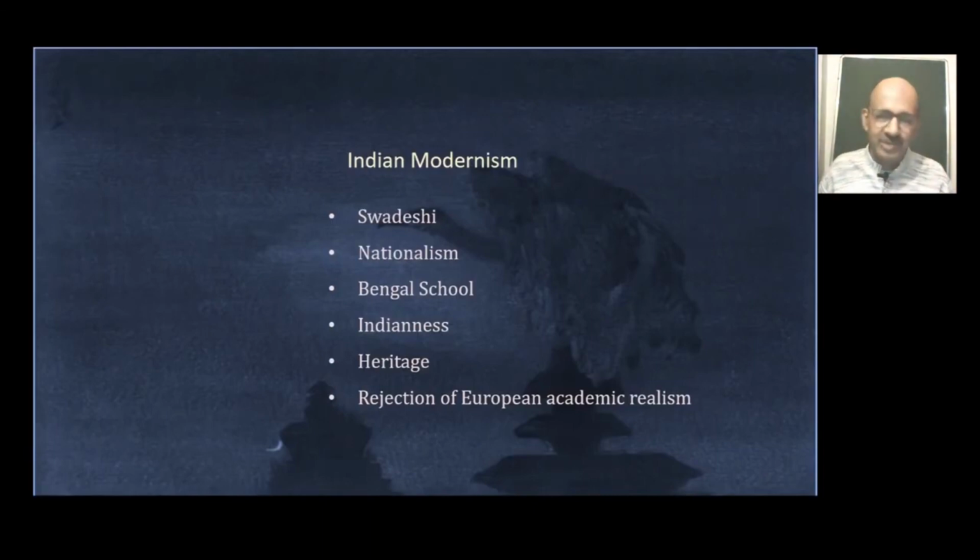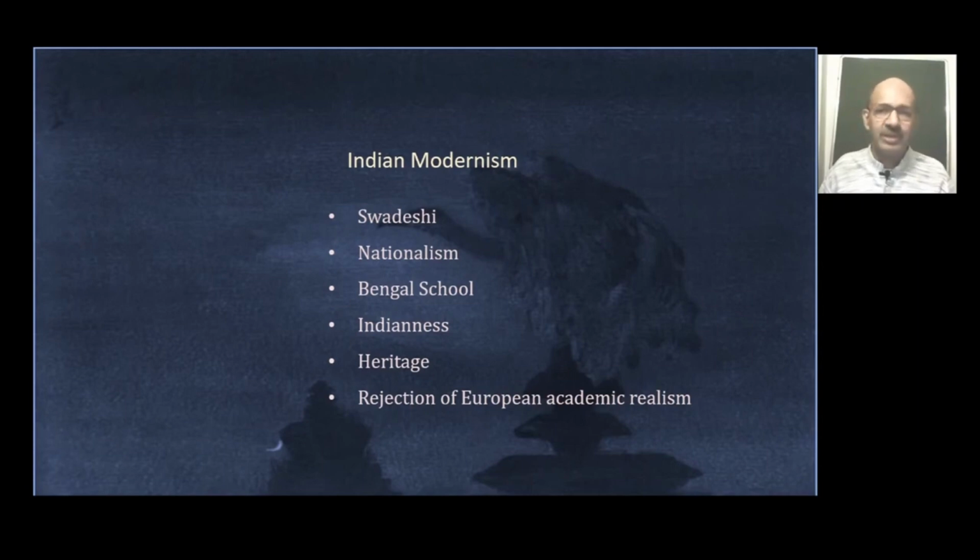Now, once again, to recapitulate, when we are talking about Indian modernism during this period, we have to keep in mind certain pointers. Therefore, we enlisted these pointers like Swadeshi, nationalism, Bengal school, then Indianness, an Indian identity, Indian flavor in your books, heritage, that you're not going to forget or reject your heritage.